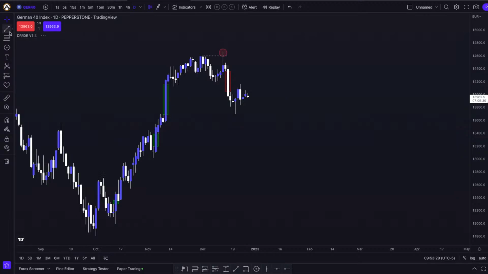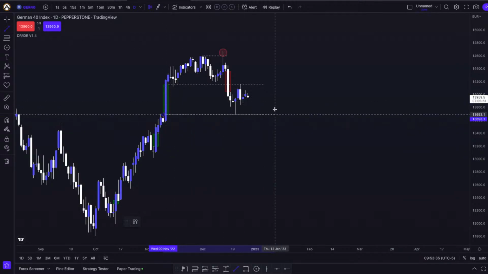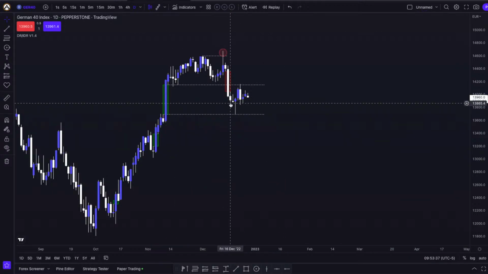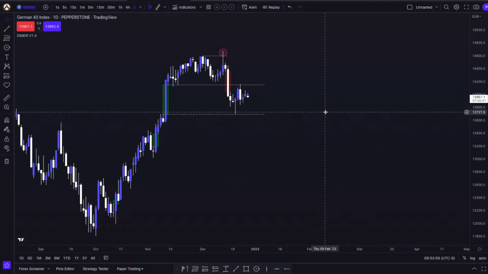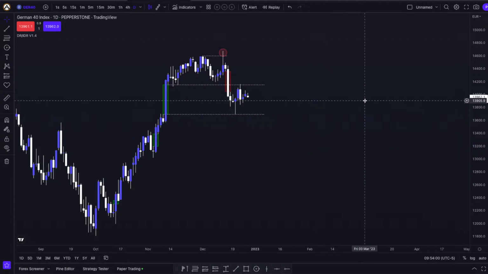As of right now, we are inside this fair value gap, slowly filling it in, and we've been inside this huge massive fair value gap for the past 1, 2, 3, 4, 5, 6, 7, 8, 9 days. So as of right now, the DAX is just consolidating in my opinion, which is fair enough because most of the time, especially during the period prior to Christmas and after Christmas through New Year's Eve, you don't see much volatility or volume on most assets.